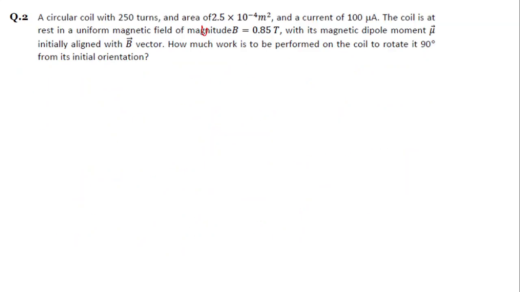Anyway, so next question is a circular coil with 250 turns. So it's a coil, number of turns 250, and the area enclosed by this coil is 2.5 times 10 to the power minus 4 meter square, and the current is flowing in this coil.